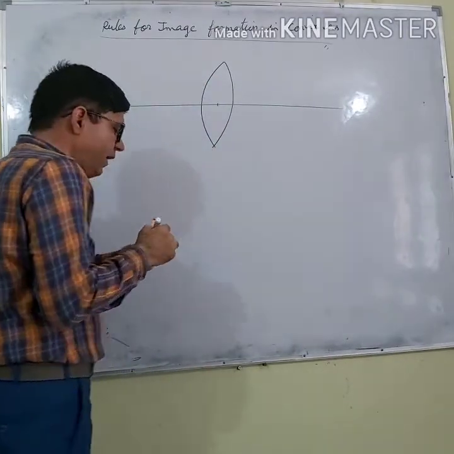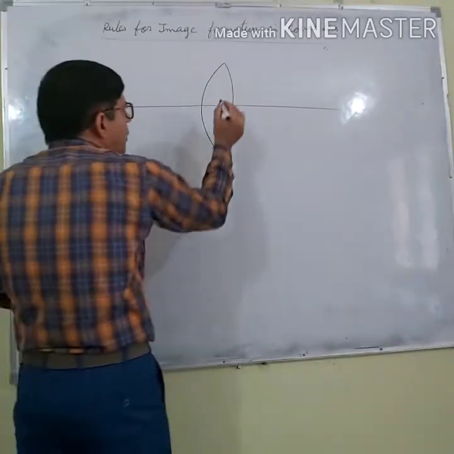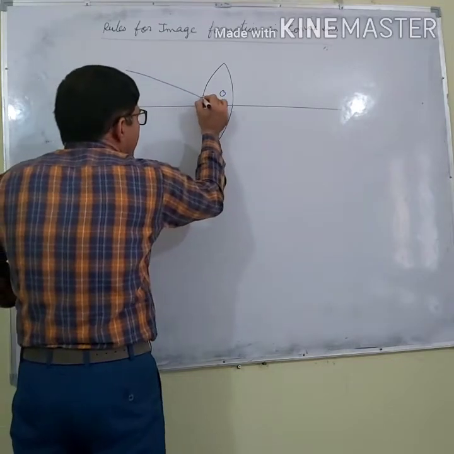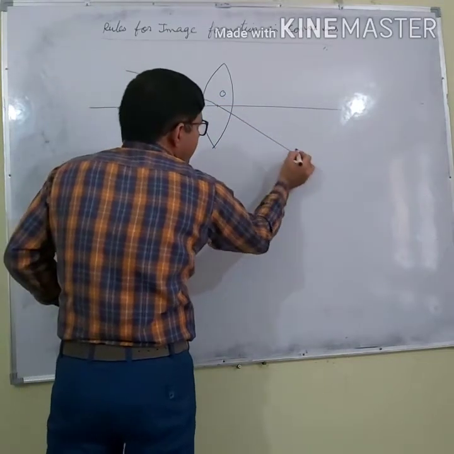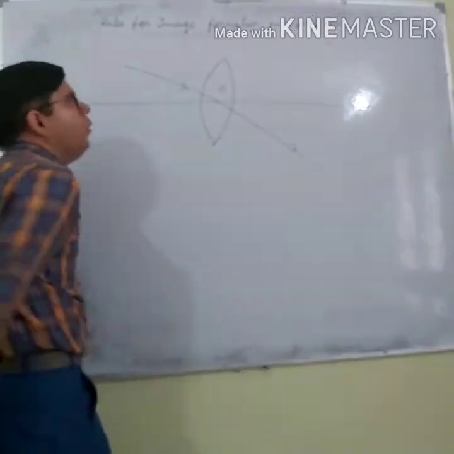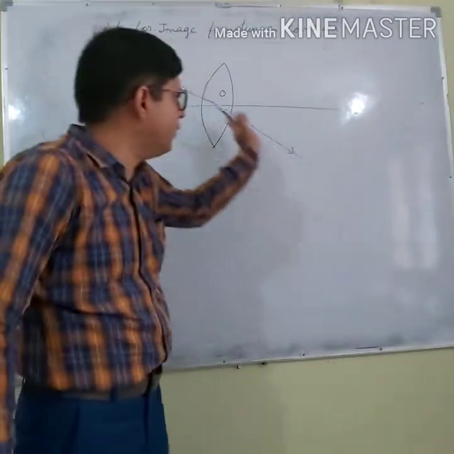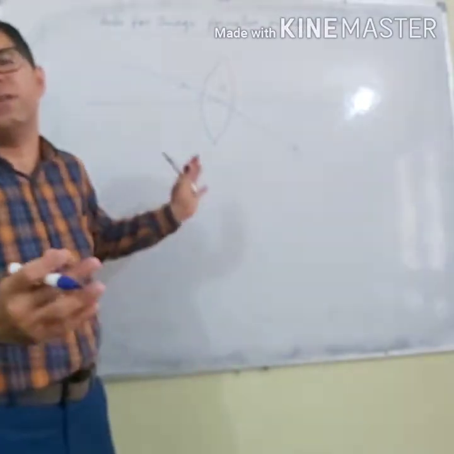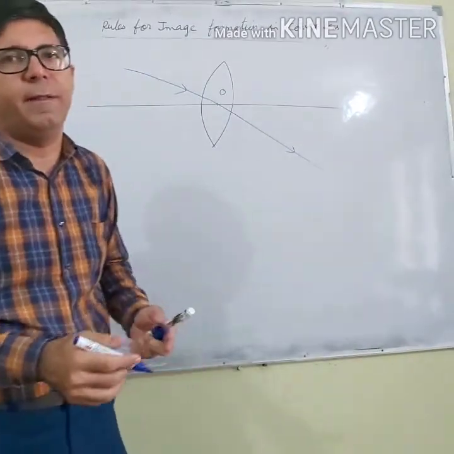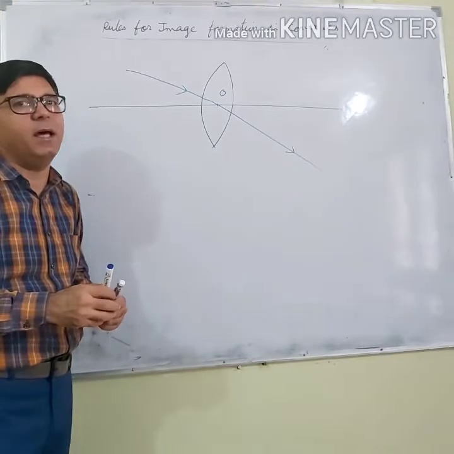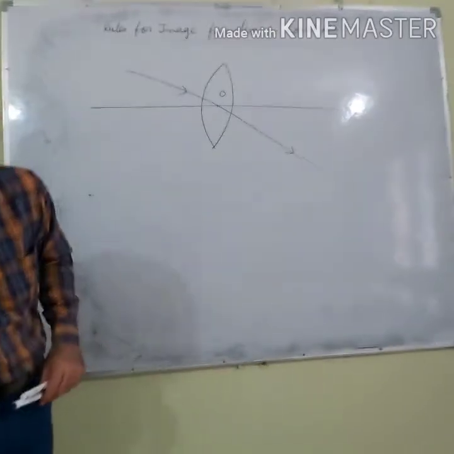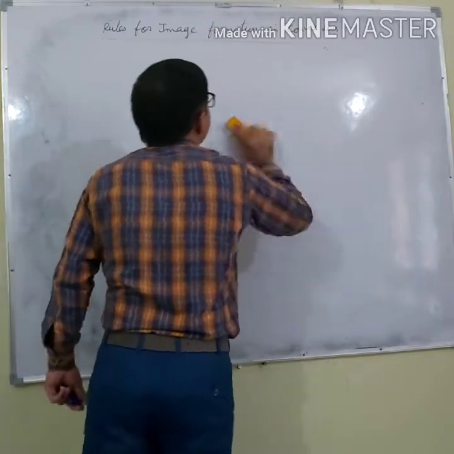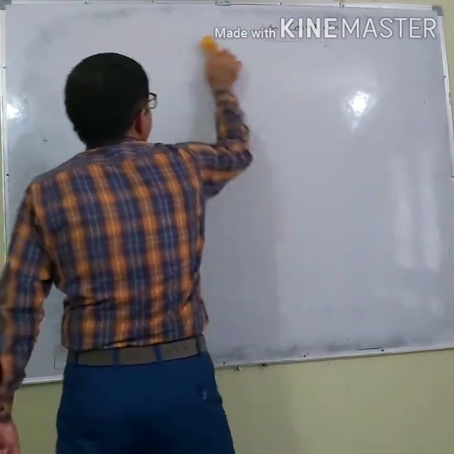If a ray of light passes through optical center of the lens, it will pass without any deviation. This ray will always remain straight. It will not bend, as you have seen bending in the previous cases. Now, next is image formation in convex lens.